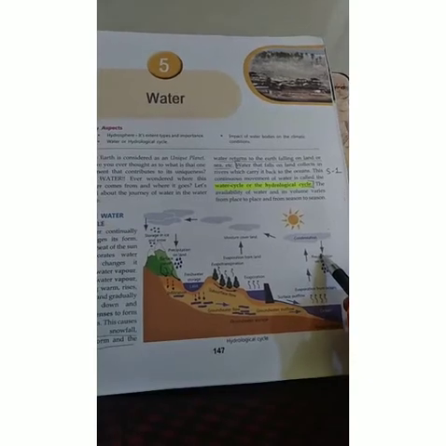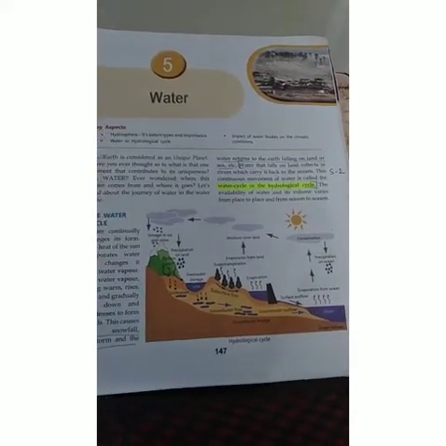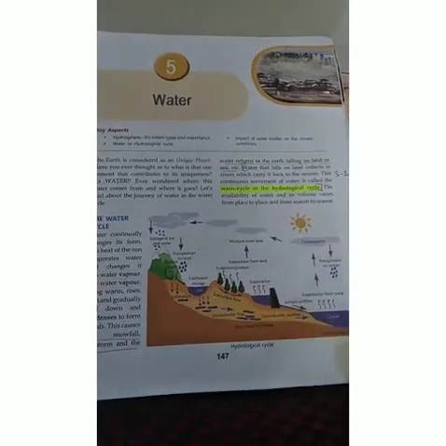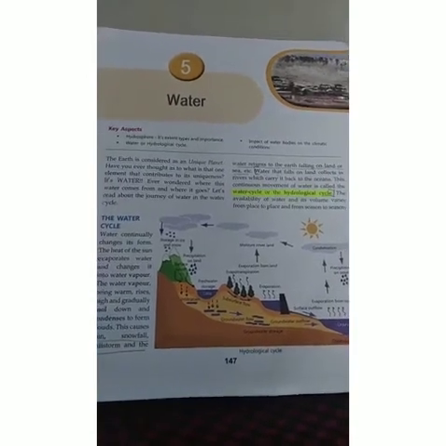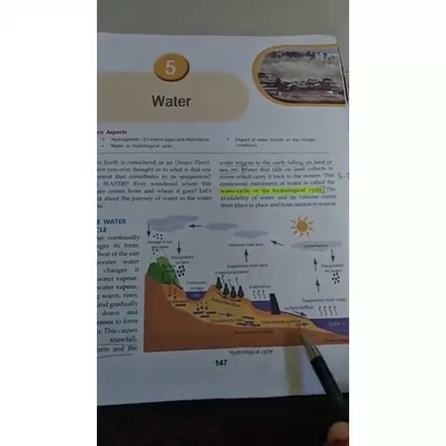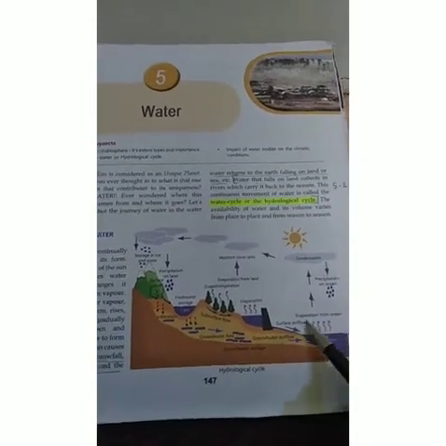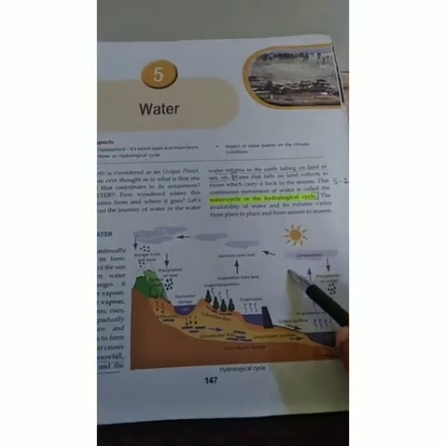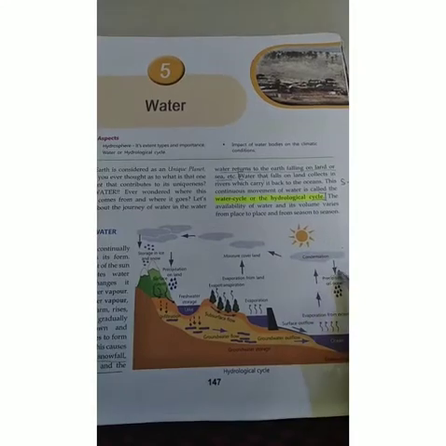Precipitation means what, students? Precipitation means rain, snowfall, hailstorm, and water returning to the earth, falling on land or sea, etc. So in this cycle, the water changes into water vapor, goes up, cools down and condenses and forms the clouds.